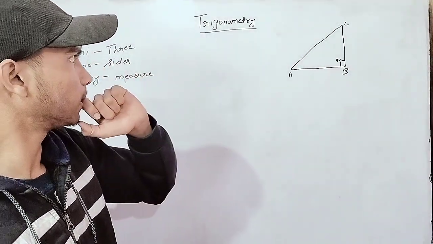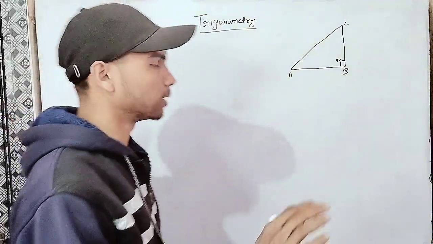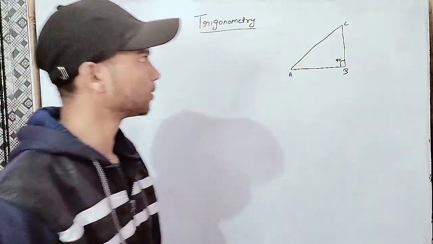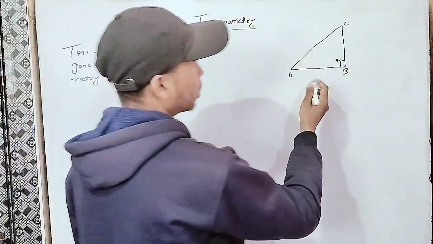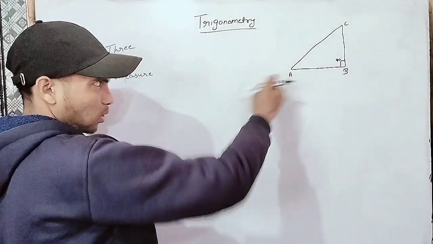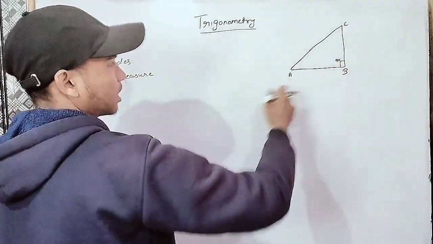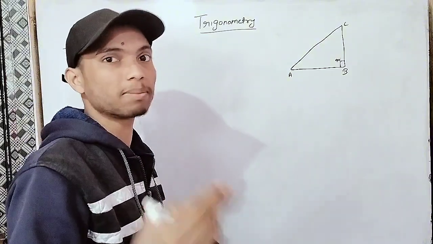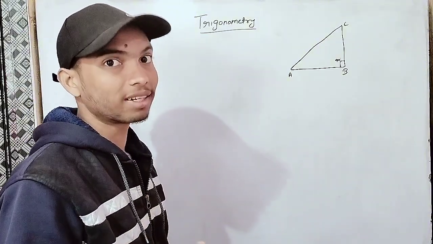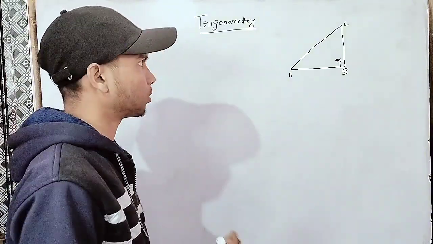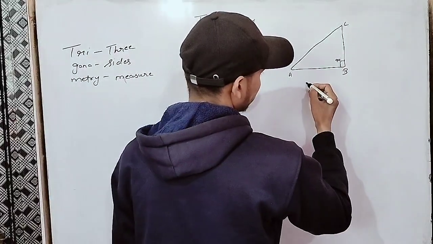Let's know about its functions. This is horizontal and this is vertical. This horizontal side is known as base, otherwise you can say adjacent.